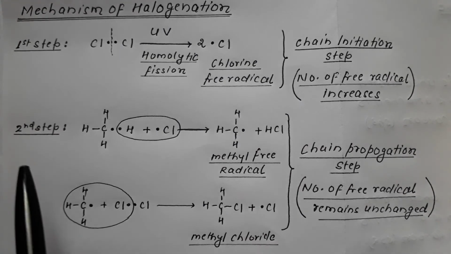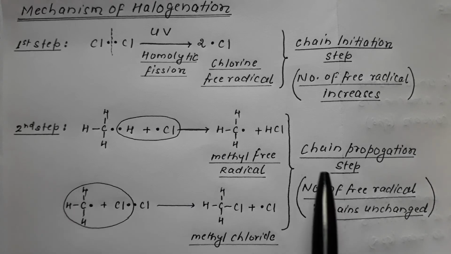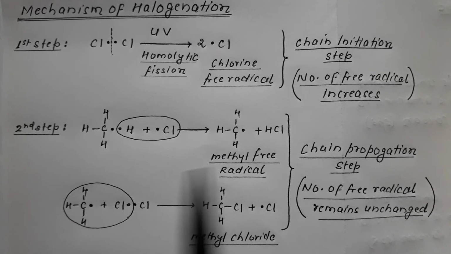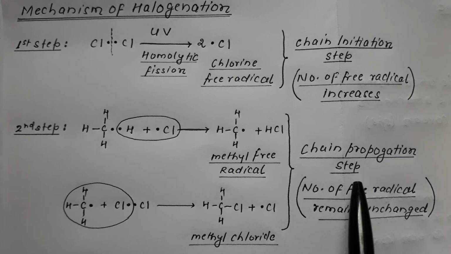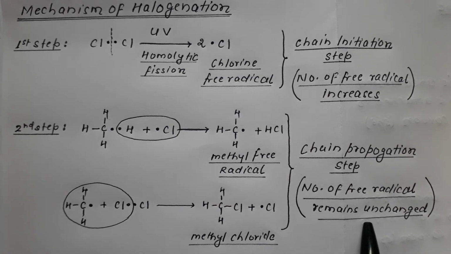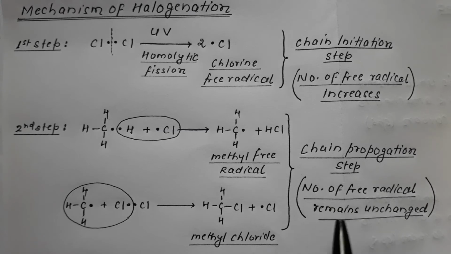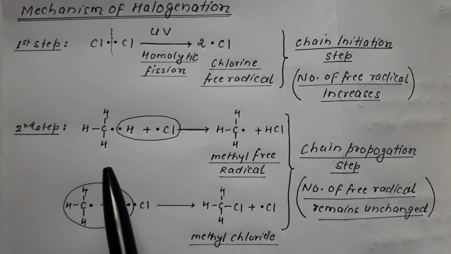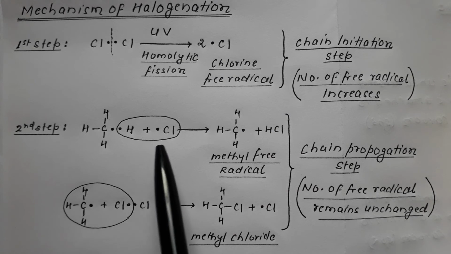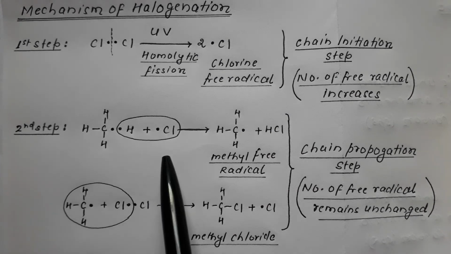The second step is termed the chain propagation step, and it is the step where the number of free radicals remains unchanged. Now let us elaborate. On the reactant side there is one free radical, that is chlorine free radical.